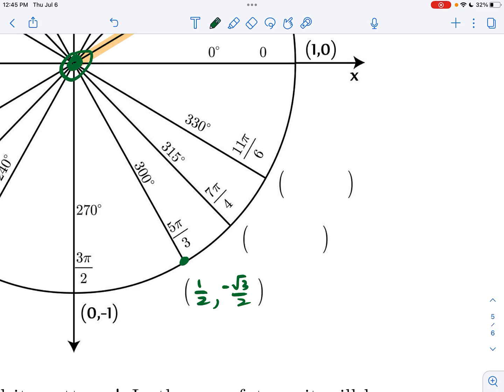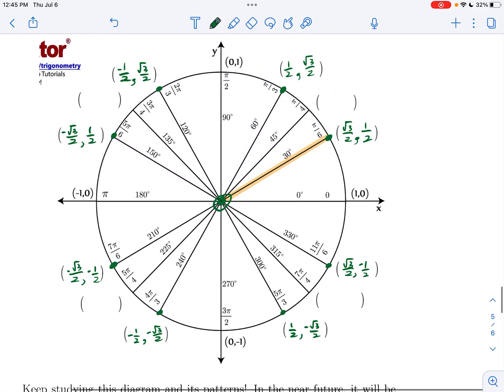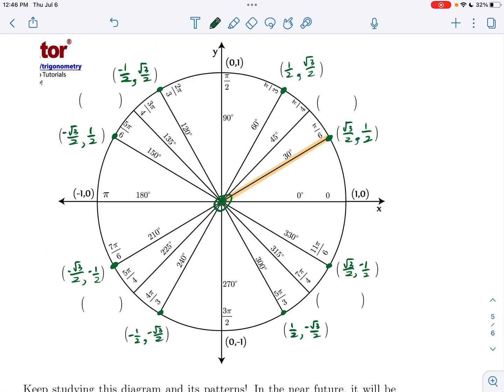X-coordinate would be 1/2. And here the x-coordinate is almost at the very right. So the y-coordinate would be some version of 1/2, and it's negative there. So without drawing a bunch of triangles, I'm just using that pattern and where these things are on the unit circle to quickly fill in the only numbers that really make sense.